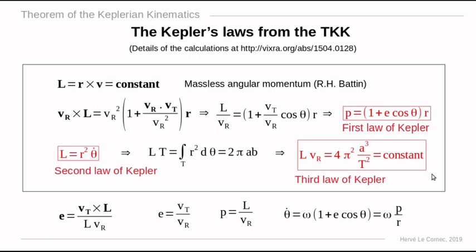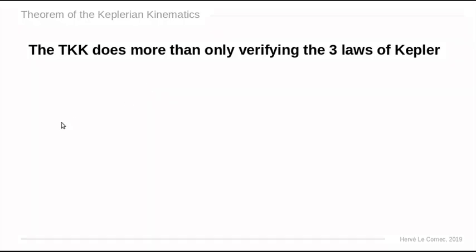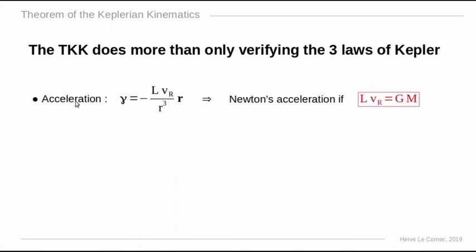But the theorem teaches us some more important facts. Indeed, the theorem of the Keplerian kinematics does more than only verifying the three laws of Kepler. The derivation with respect to time of the velocity described by the theorem leads trivially to an acceleration here.